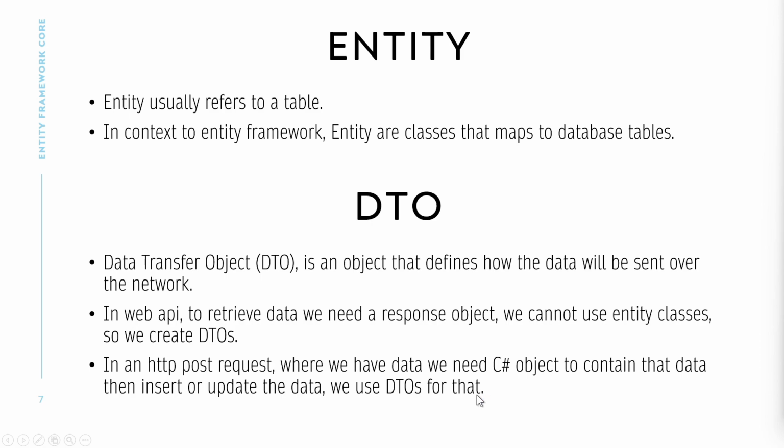So we receive the data inside parameters of the C sharp method. We can't use entity classes, so we need data transfer objects for that. This is actually not a hard concept, but it may be difficult to understand. But when you watch the video that actually implements the DTOs, they are very easy to do.